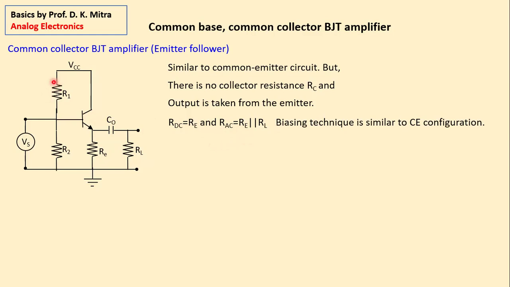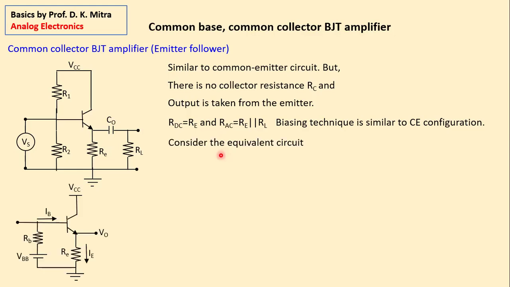Biasing techniques. So this biasing technique is exactly same as the common emitter configuration, as we have learned biasing technique in very much detail. If you have RDC, RAC, you can perfectly design your bias.